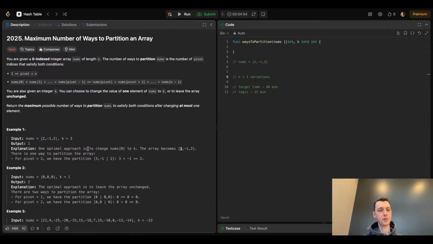One optimal approach is to change nums[0] to k, so instead of 2, we have 3. Then there is one way to partition: 3, -1 and 2. So the pivot in that case is at index 2.